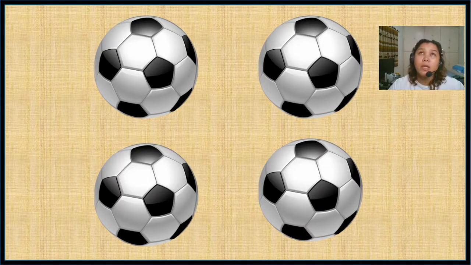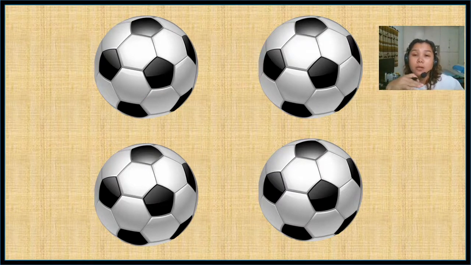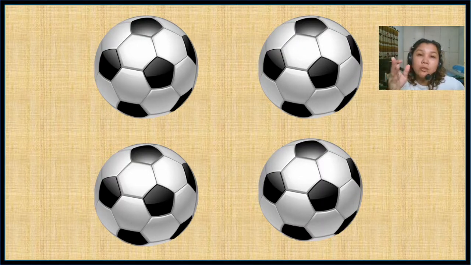Okay, how about for this football? So previously we had 1/2. So 1/2 of these 4 balls is 2, but this time we are after 1/4. So, paano to divide into 4 groups? So, simply we can also again use the vertical and then the horizontal line. If you learned how to divide this into 2, so simply yung both sides that you divided into 2, you have to divide it again into 2 para there will be 4 groups already.